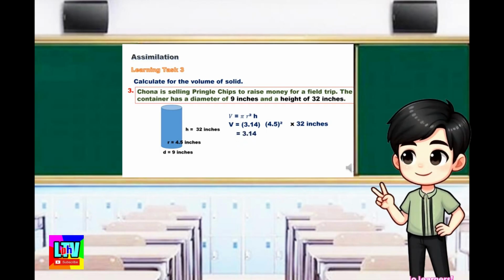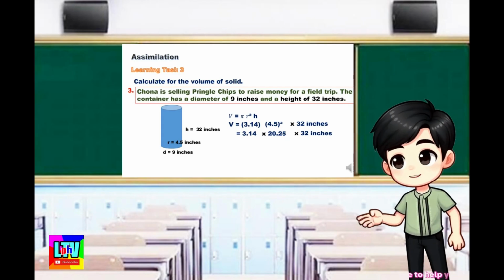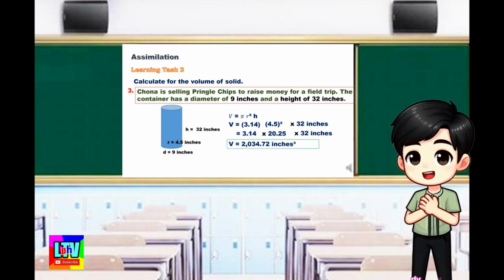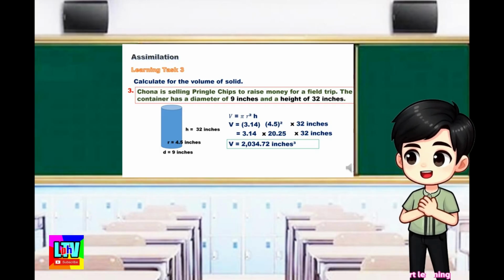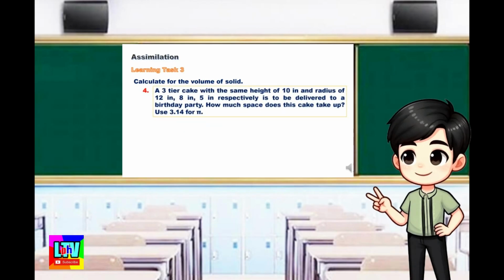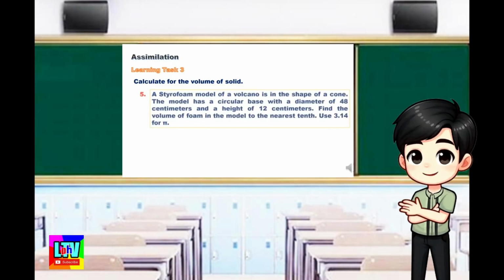Let's simplify 4.5 times 4.5 equals 20.25 times 32 inches. So let's multiply 3.14 times 20.25 times 32 equals 2,034.72 cubic inches. Let's try to answer number 4 and number 5.